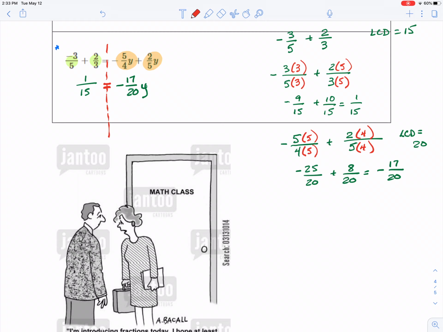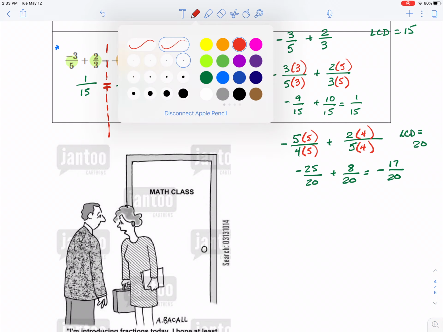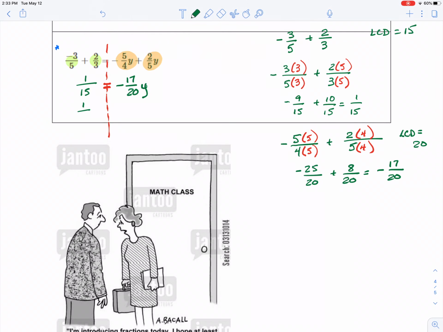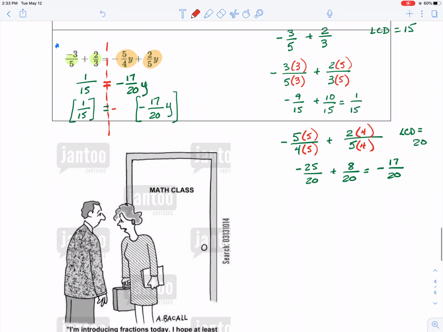All right, so I'm going to use that reciprocal idea again. And I'm concentrating on the number that is sitting in front of the letter. So the negative 17 over 20 is what I'm going to try to turn into a positive 1. In order to do that, I need the reciprocal.